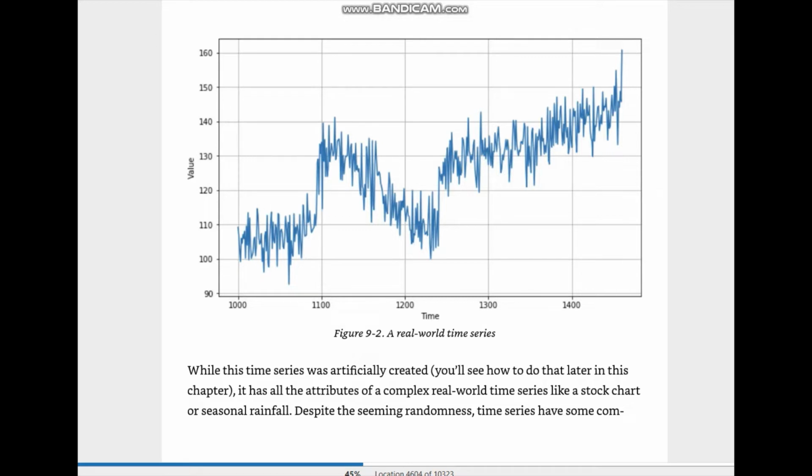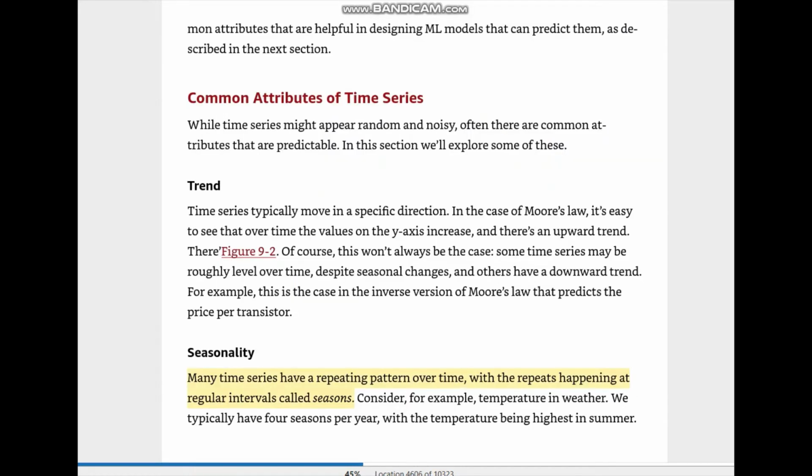From the time of 1200 and above, it's tending to go upward. So there's a trend for it. Of course, that won't always be the case. As we have already seen, there was a downward trend, then an upward, then again downward, and finally the trend was going completely upwards. So that's the same case. We have to figure out the kind of direction or the kind of trend.